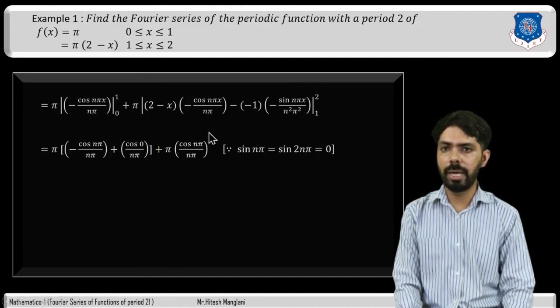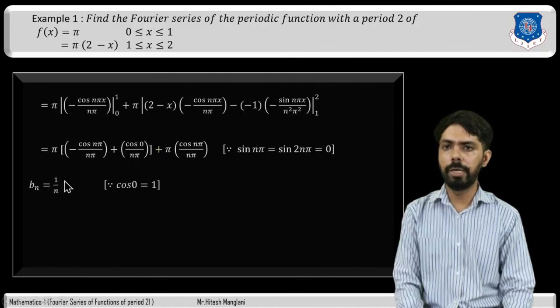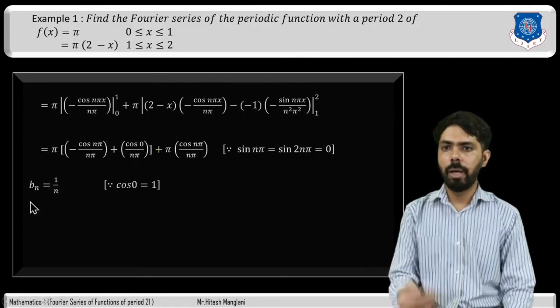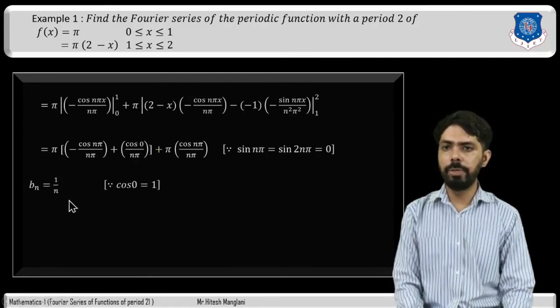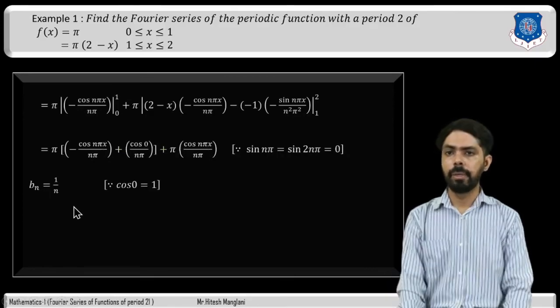So first and last term will be cancelled out. So here pi into cos 0 divided by n pi, and value of cos 0 is 1. So it will be pi divided by n pi. So pi will be cancelled out. So it will be 1 divided by n. Therefore answer of bn is 1 divided by n.